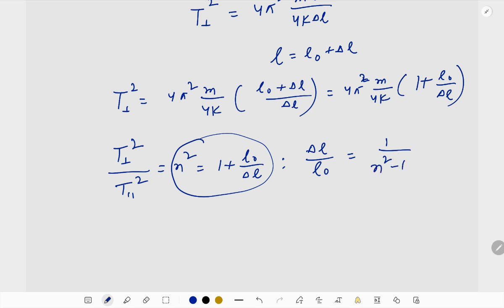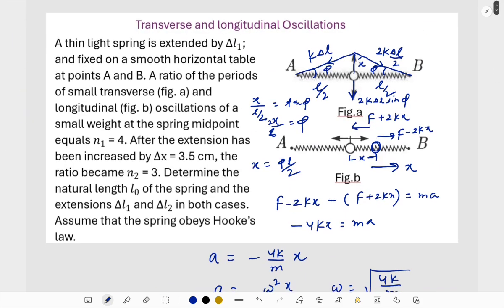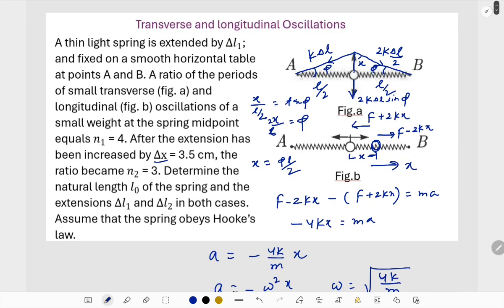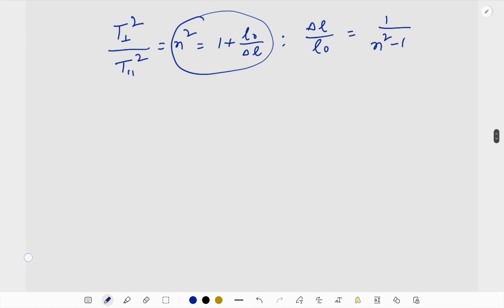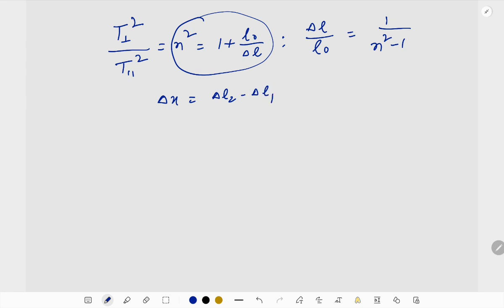And we have something mentioned about Δx, and this Δx plus ΔL1 was ΔL2. That means we got another thing, that Δx equals ΔL2 minus ΔL1, and we can get Δx by L₀ as well.